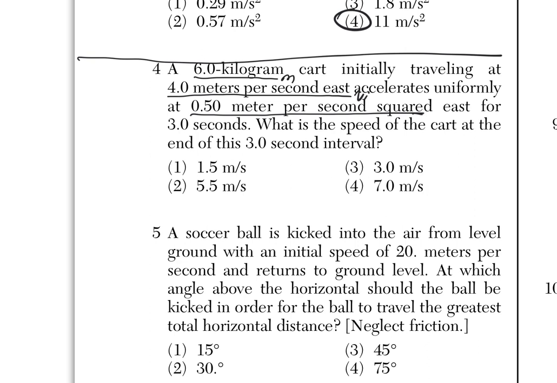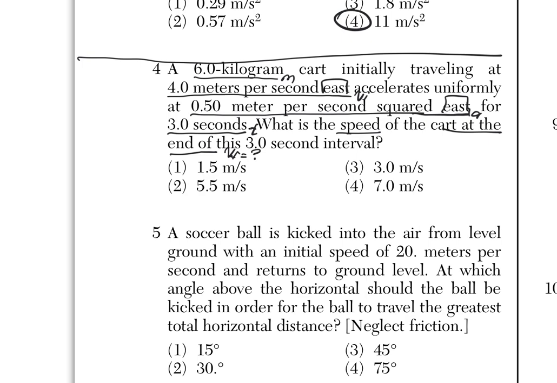So east and east, the acceleration is in the direction of motion, for 3 seconds, so I know the time. It wants to know what is the speed at the end, so what is v final?